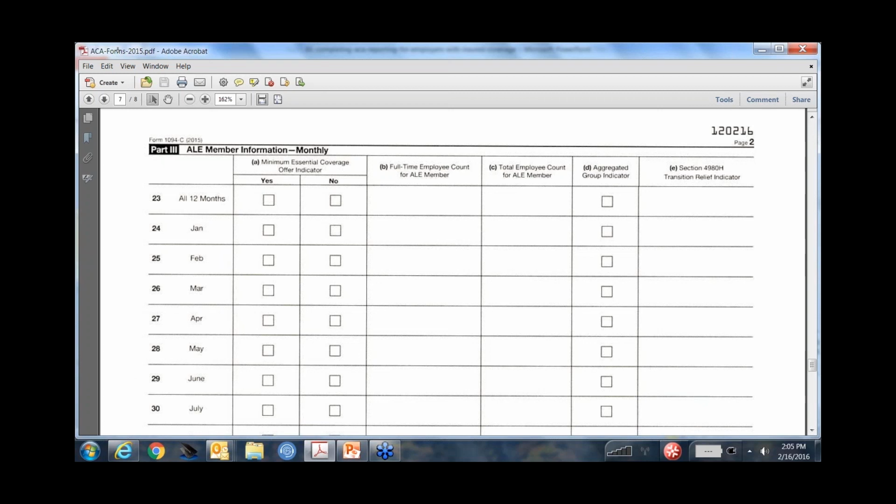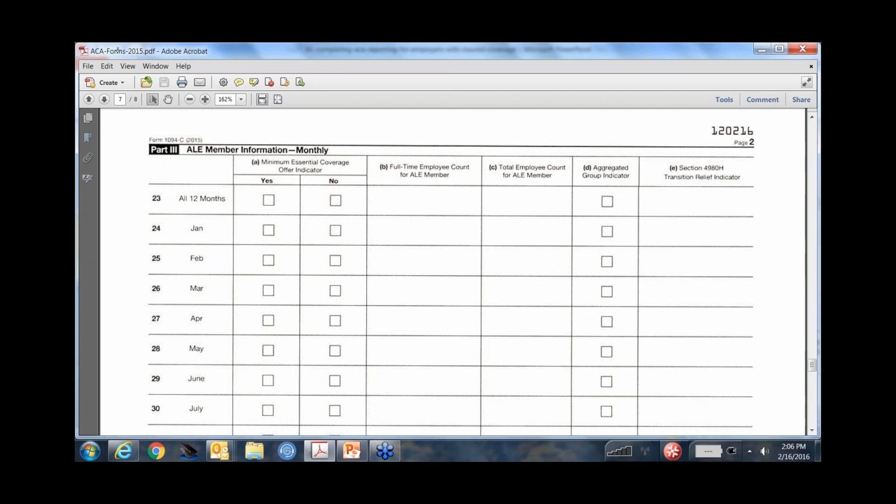In column C is your total number of employees. You can pick the first day of the month, the last day of the month, the 12th day of the month, the beginning of the first payroll period, or the end of the first payroll period, as long as you're consistent throughout the month, but it's all employees. In column D, you have to indicate whether you're a member of a control group. So if you indicated earlier you were, you have to check that box.